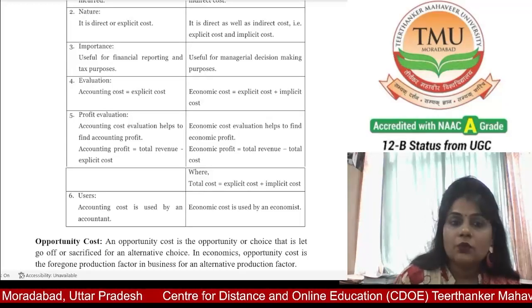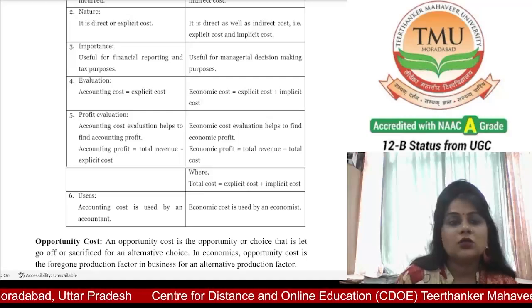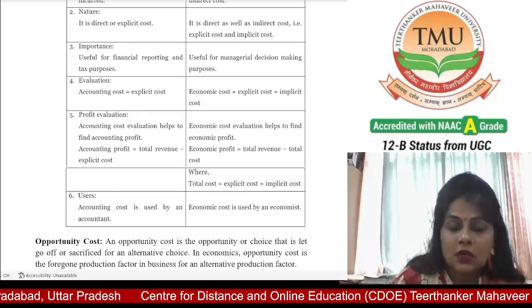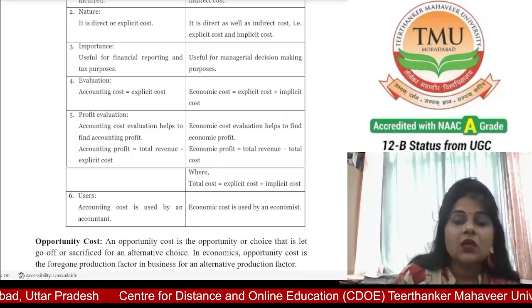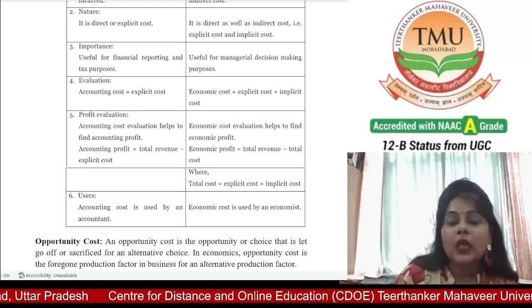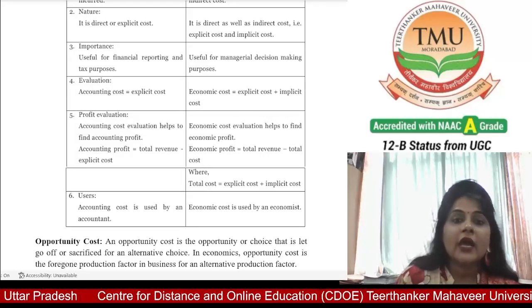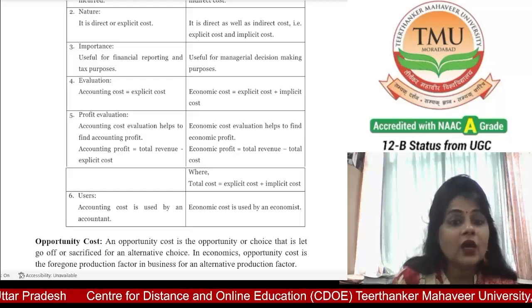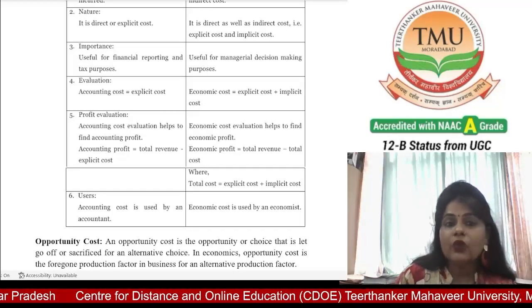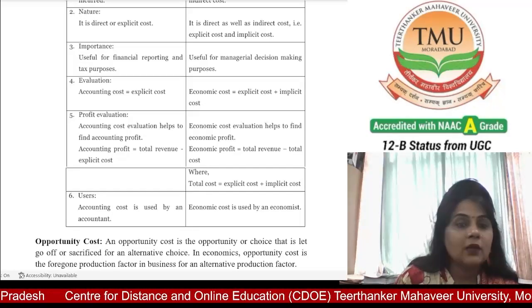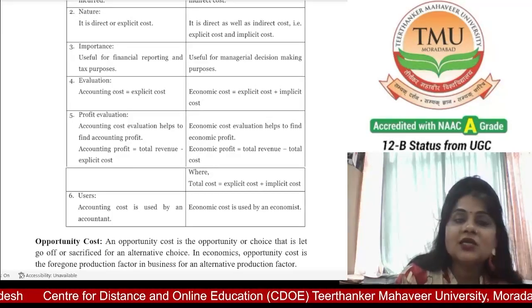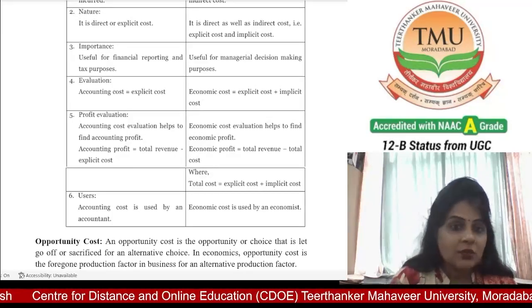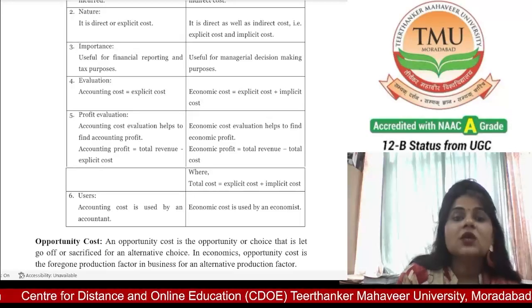So we can say both costs can help understand the financial situations of a business, and you may use accounting and economic cost at different times. While accounting cost measures the monetary value of an action like payroll or utilities, economic cost considers the potential difference between one action versus another.